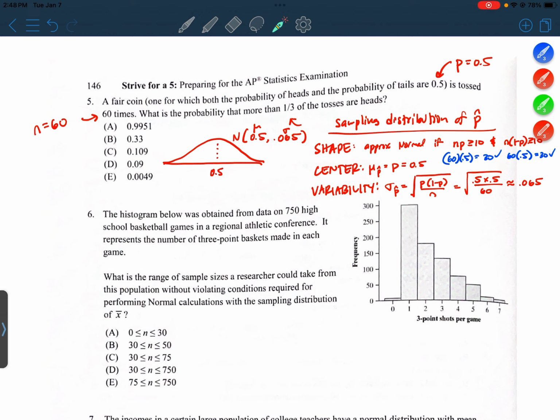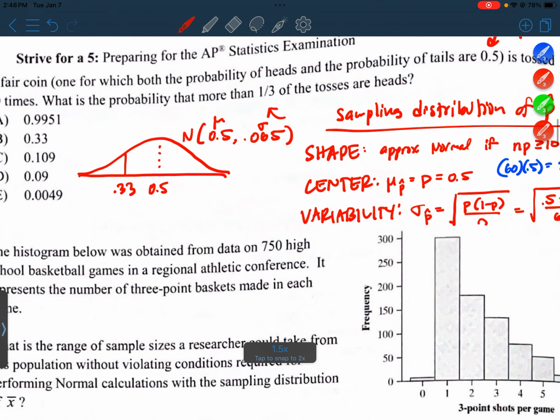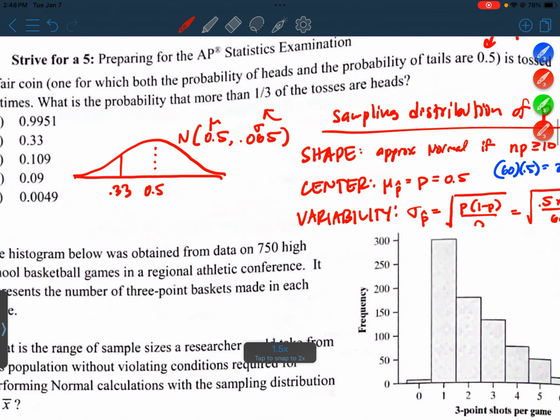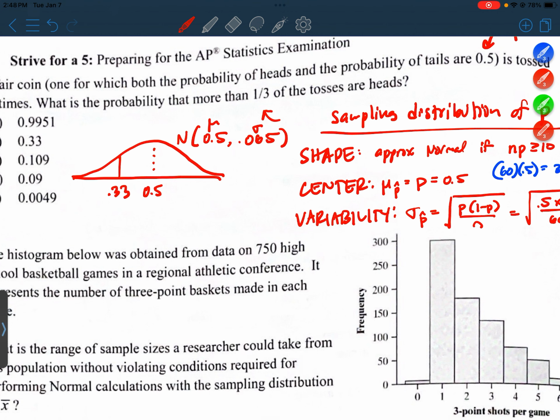Now with this sketch, we can find the probability that more than 1/3 of the tosses are heads. 1/3 is equivalent to 0.33. It's actually a repeating 3, but write it as 0.33. It's going to be somewhere here to the left. We're looking for an outcome that's more than that, so we're going to shade the entire right tail.